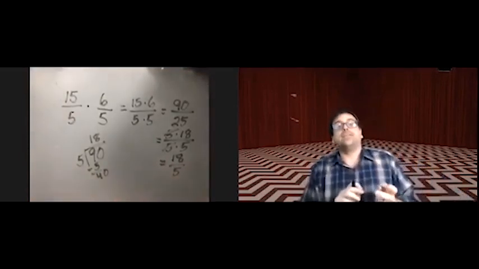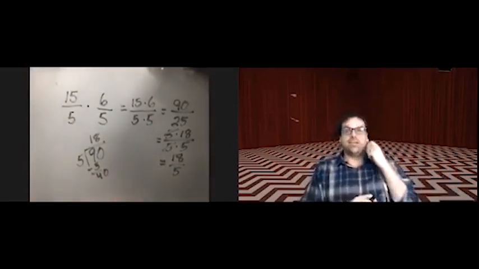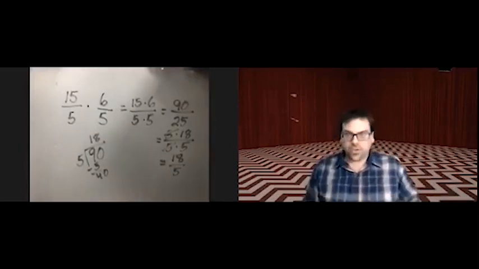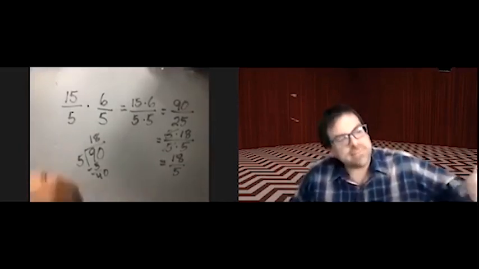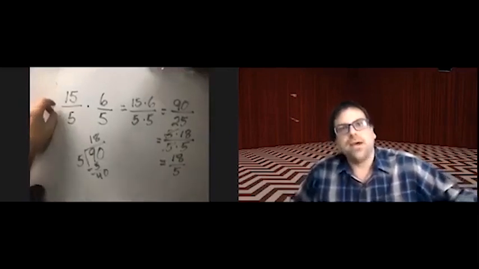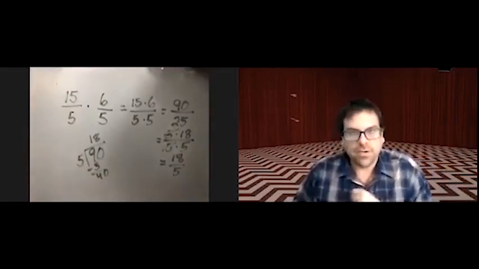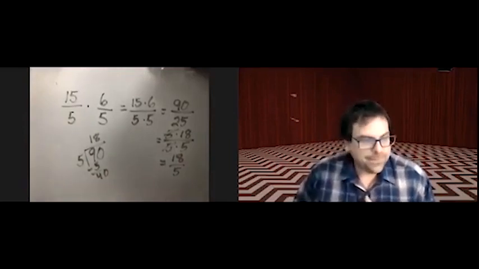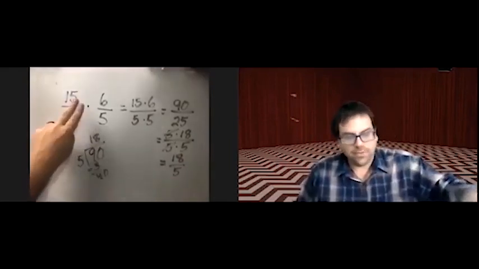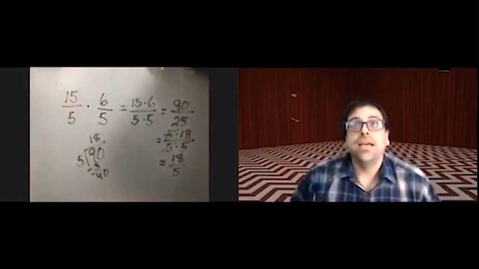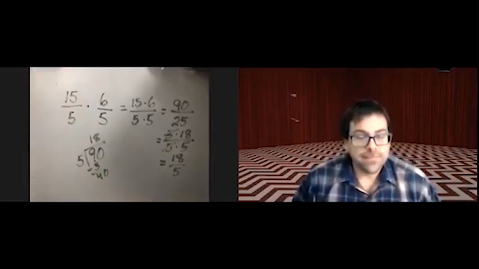On the other hand, as we are going to see in the future, if there is a mixed number given in the problem, you have no choice. You have to put your answer in mixed number form if it turns out improper. But no mixed number here, we can just leave it 18/5.